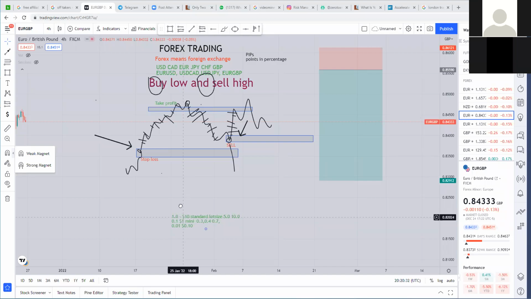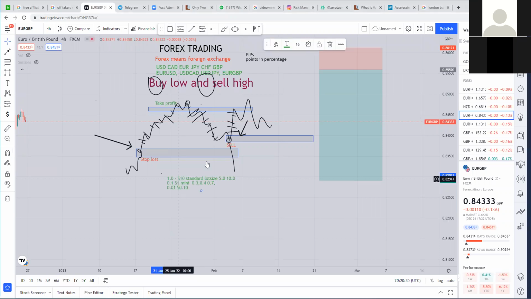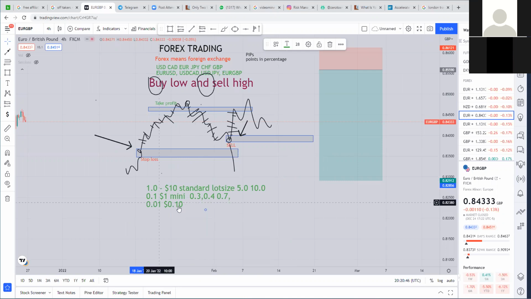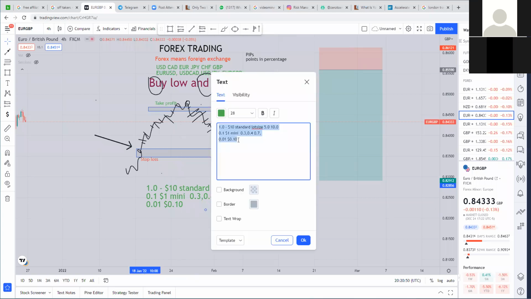All right. So from what I was explaining the other time, I was trying to let you understand that when you're trading in lots, the smallest is 0.01.